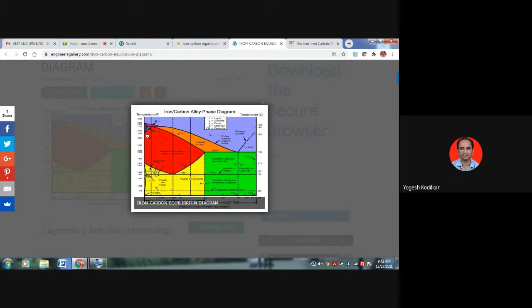At this higher temperature, the solid iron is converted into the completely liquid phase, that is liquid iron or molten steel. Whereas at this medium temperature line, there is a gamma austenite phase at this 1130 degrees Celsius or 2055 Fahrenheit.